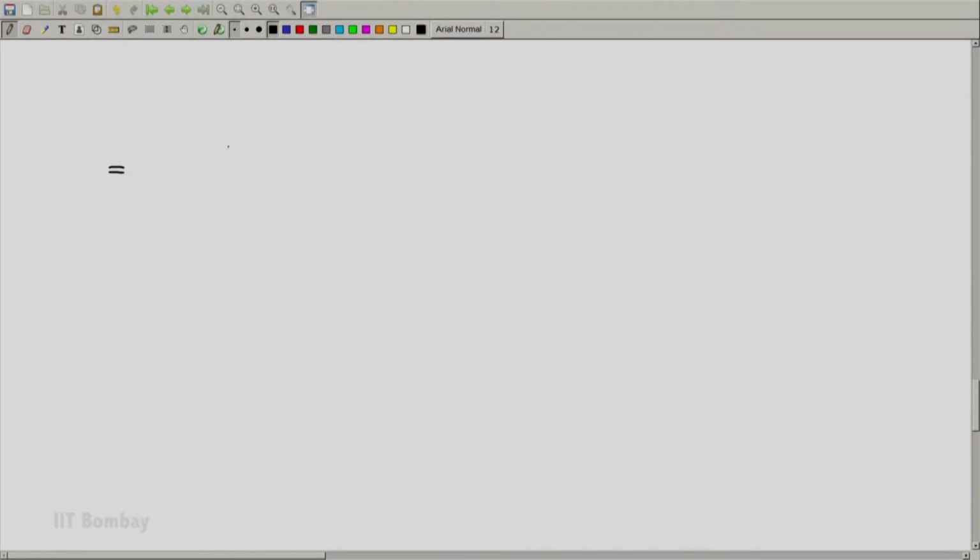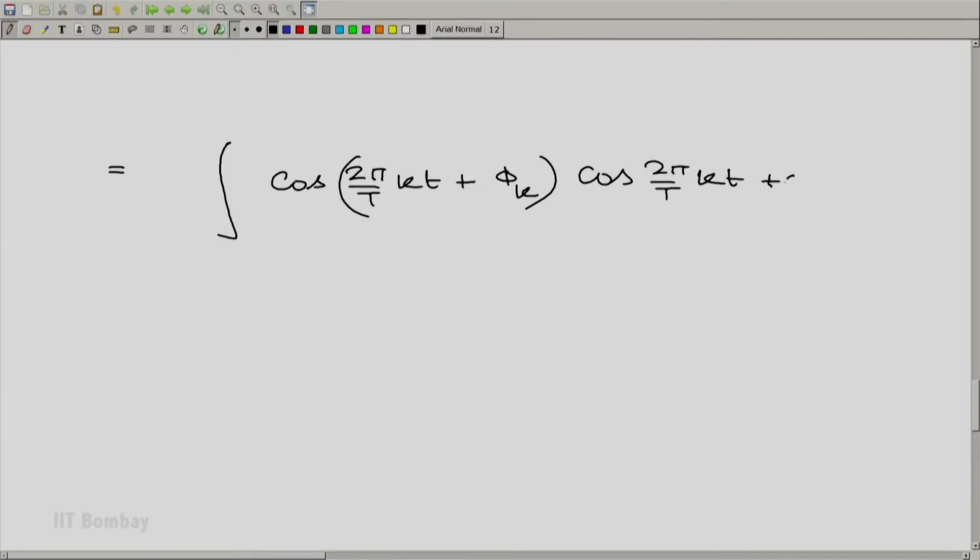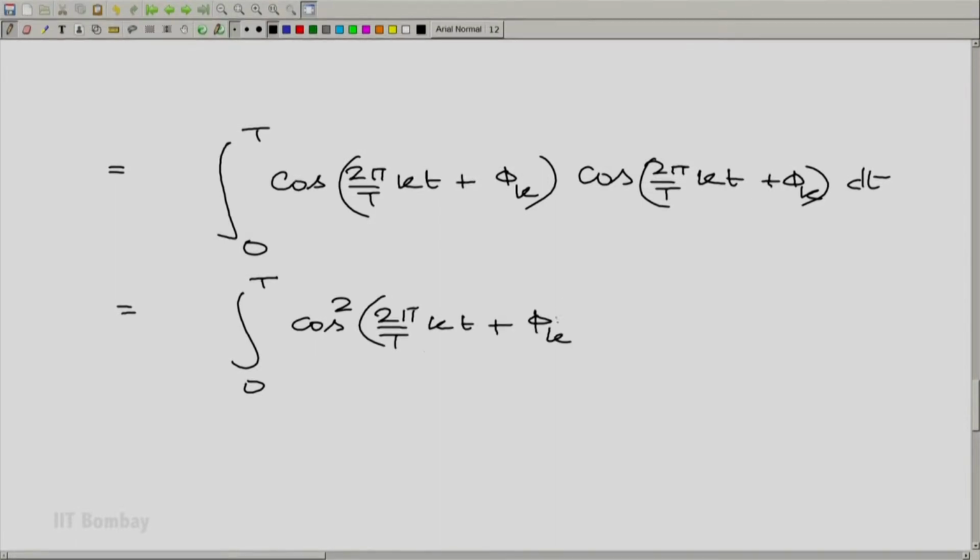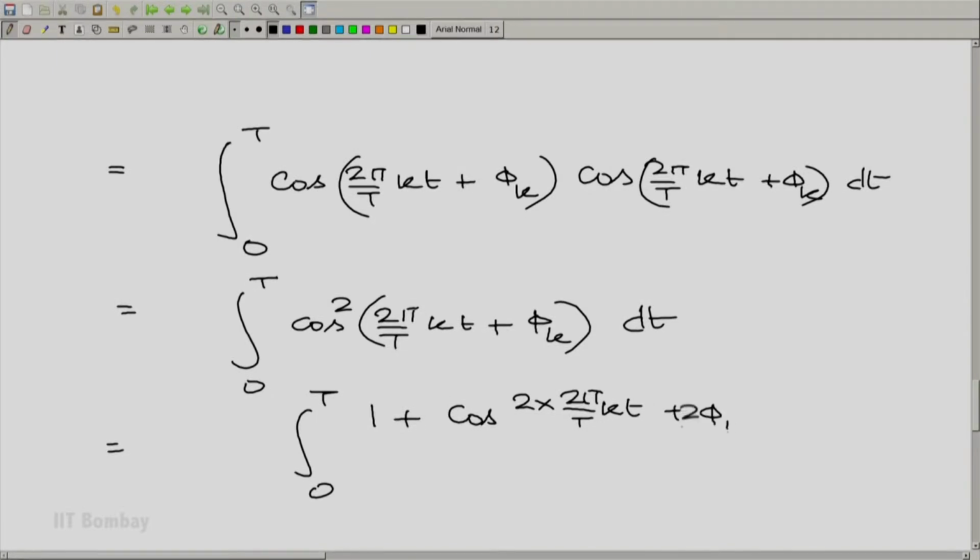That dot product or inner product is the integral of cos(2π/T kt + φ_k) multiplied by the same thing and integrated from 0 to T, which is essentially cos squared of (2π/T kt + φ_k), and this is easy to integrate.